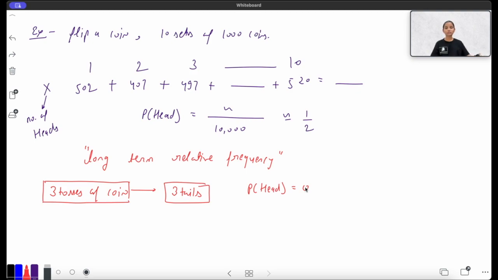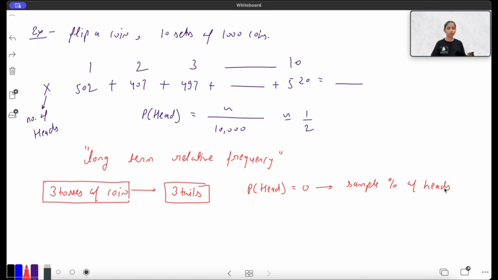But in this case, you are calculating the sample percentage of heads, which is equal to 0. But this can't be an accurate estimate of the true percentage of heads, because the prior knowledge we have, which we always study, is that the probability of head is 1 by 2.